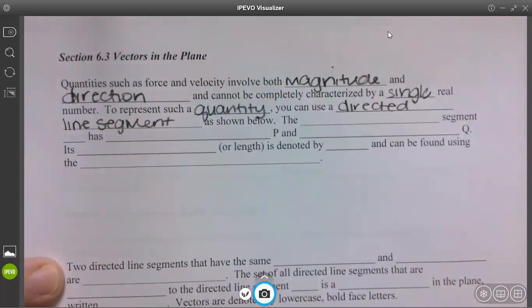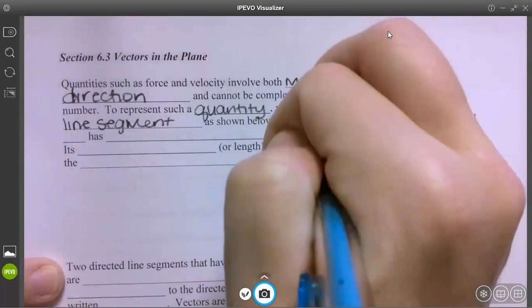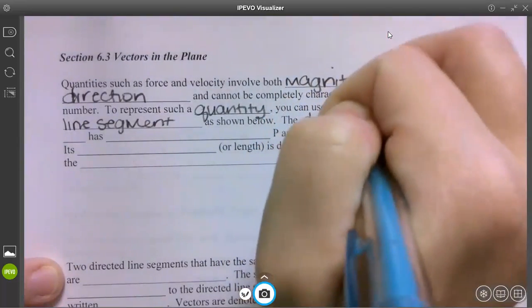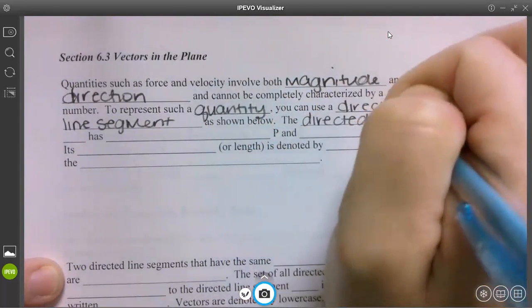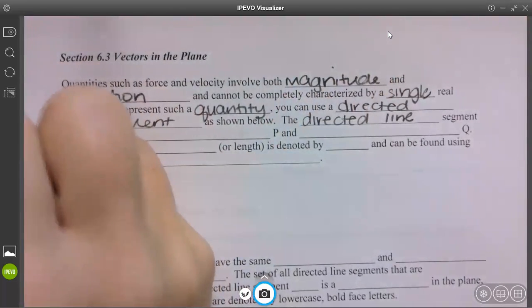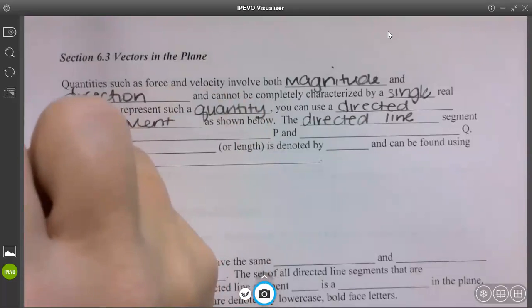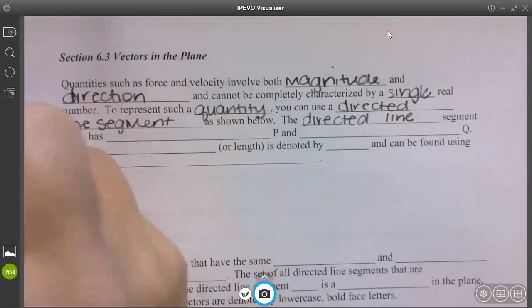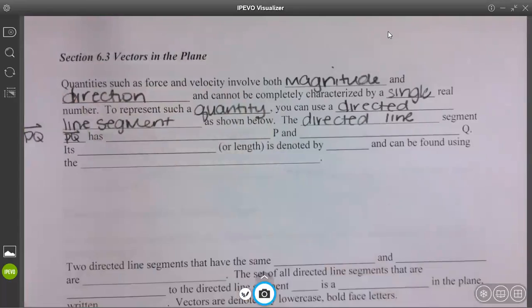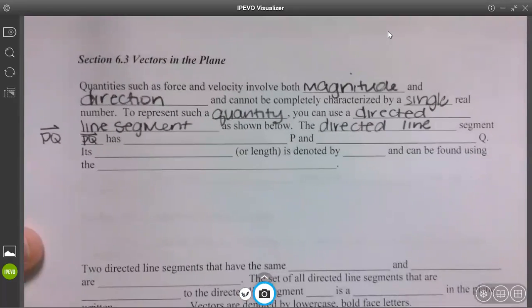The directed line segment PQ, and it has this little symbol above it. So it looks like this, PQ, and like a half arrow.